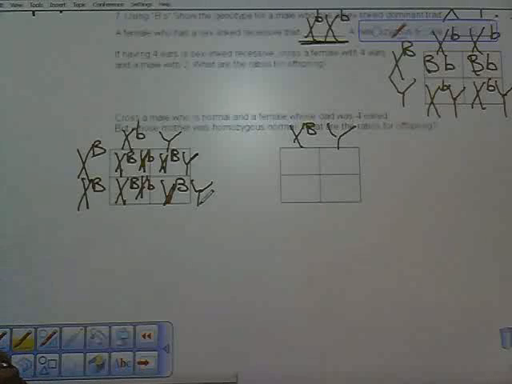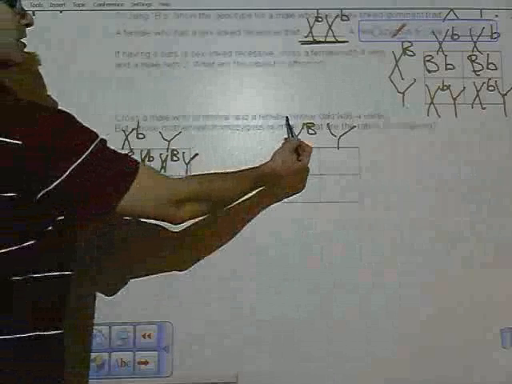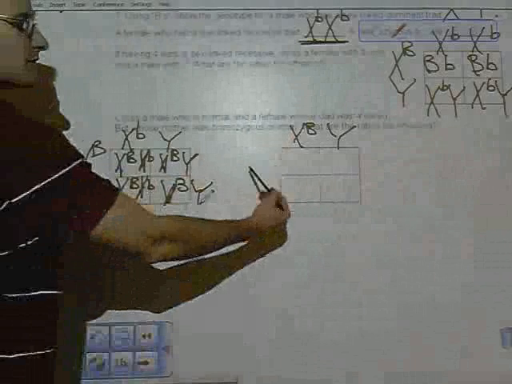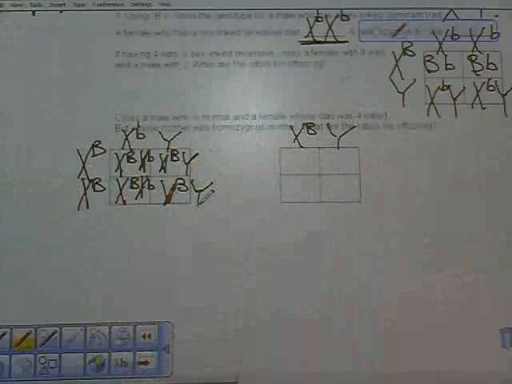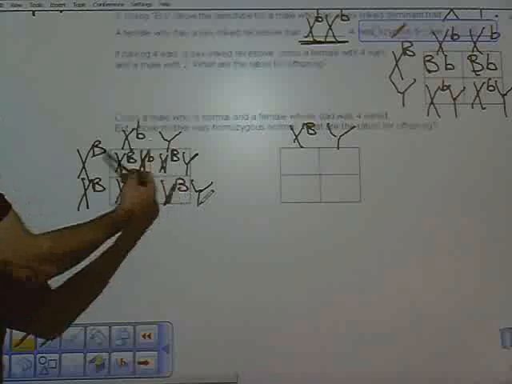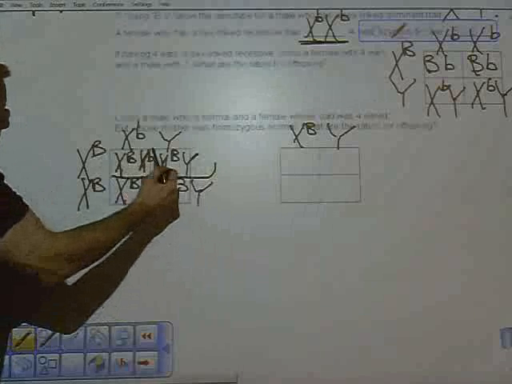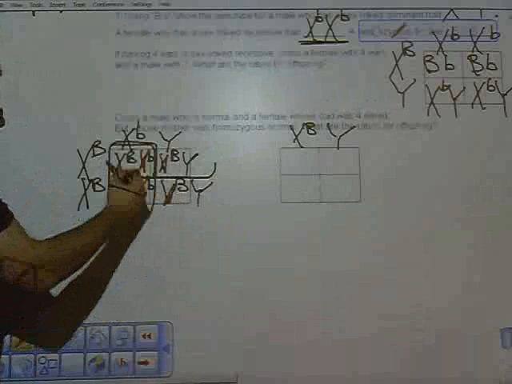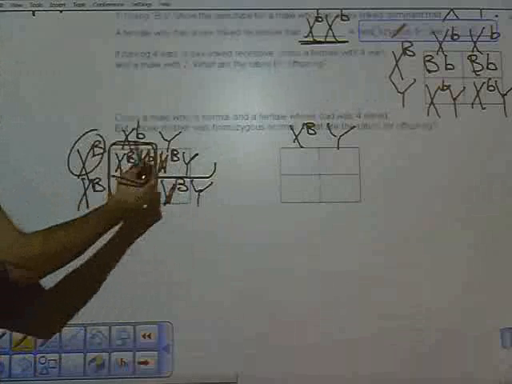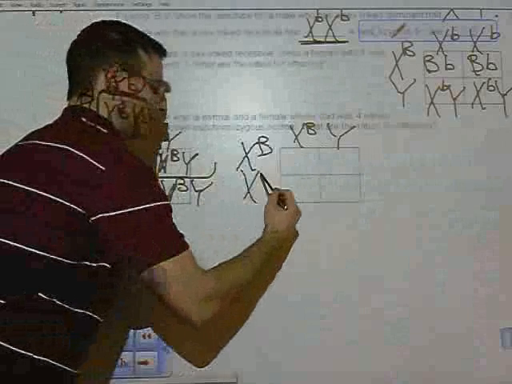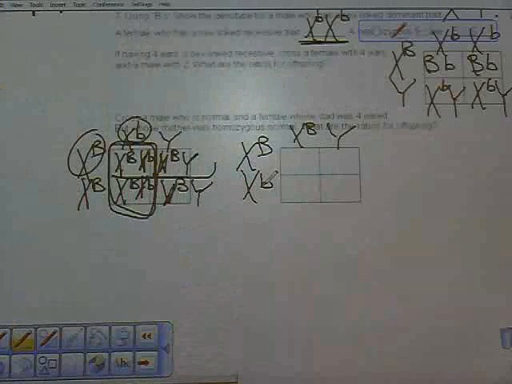So here we have a male who is normal and a female whose dad was 4-eared. Sorry, this is the females. Okay, so we're not sure what her genotype is until we figure out her family's genotypes. Here's her dad. Here's her mom. All of the girls in this family will be X big B, X little b. So now you know her genotype has to be X big B, X little b.